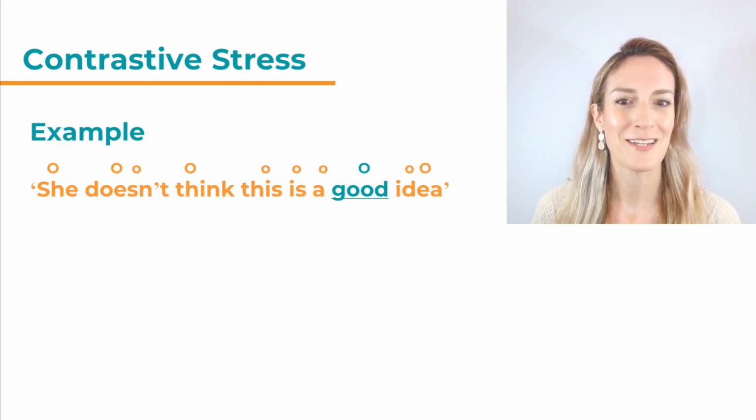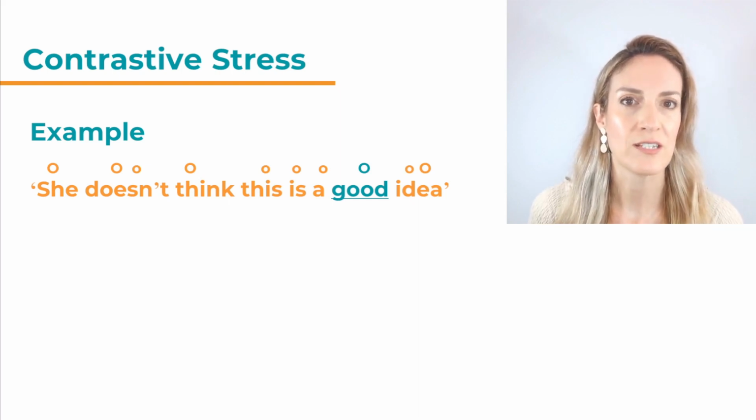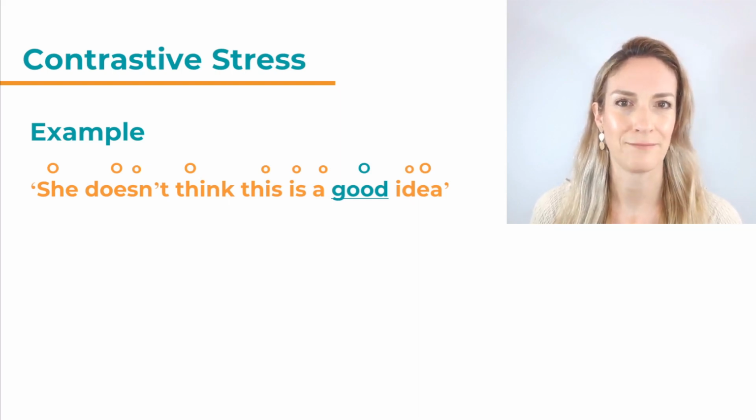Let's move the stress to the next word. You can see I left out is and a because placing the stress here would sound odd. There's not really a specific meaning for our context. So I'm going to put the next stress on good. And like I said, good is obviously usually stressed as well, but we're going to stress it even more. Let's listen.